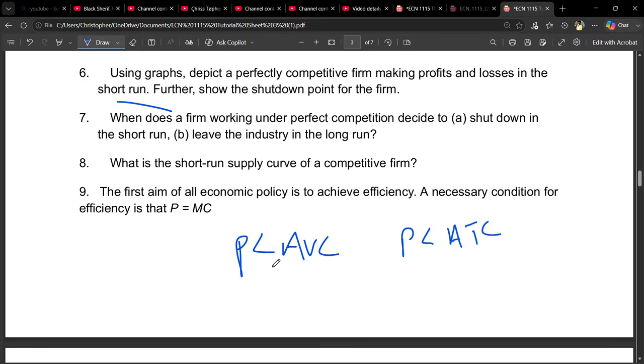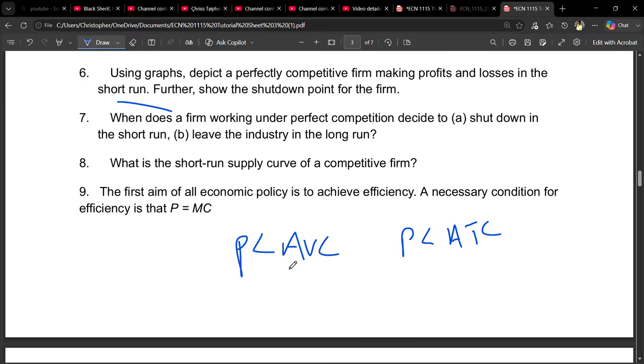Since in the short run, we have variable cost and fixed cost, variable costs are the ones that determine when the firm should shut down. And in the long run, we do not have fixed costs, so just consider them to be total costs. These total costs will determine if a firm should leave or continue.